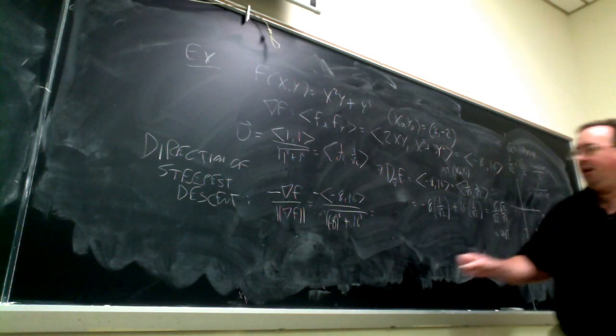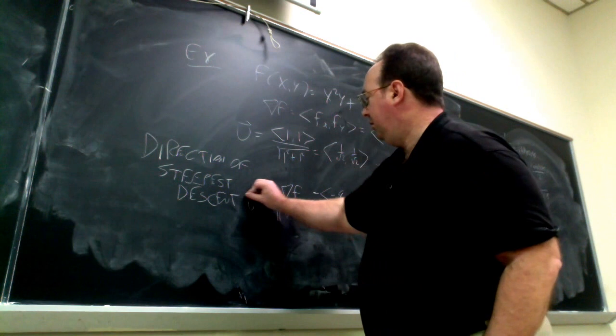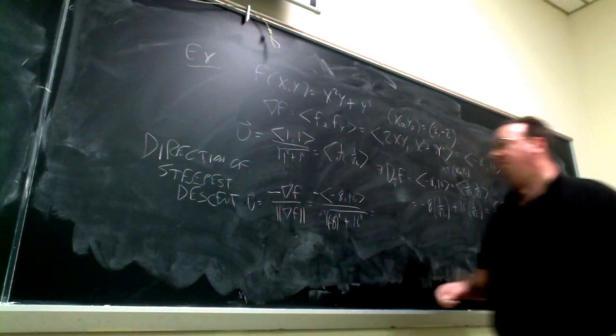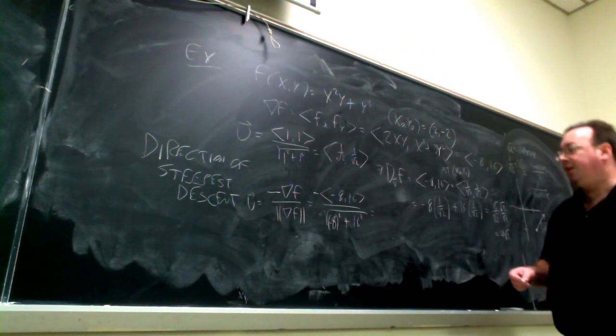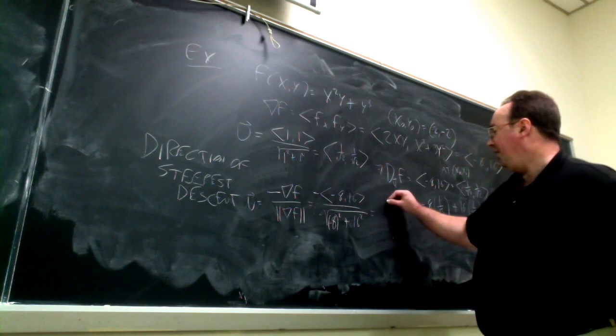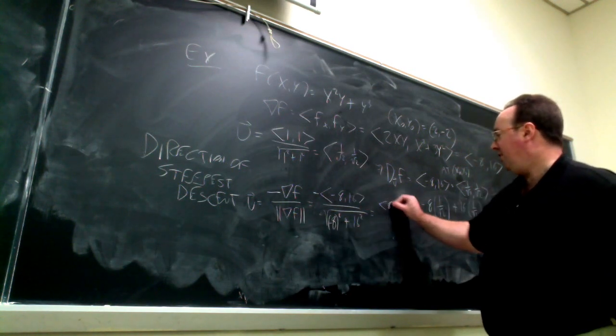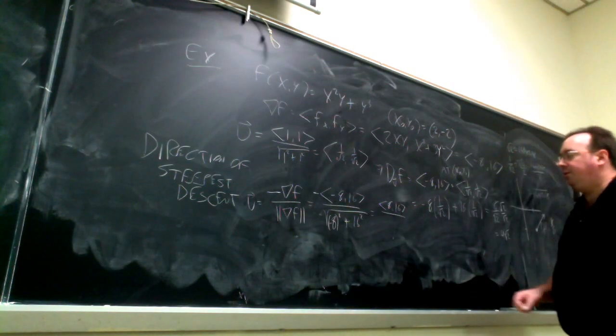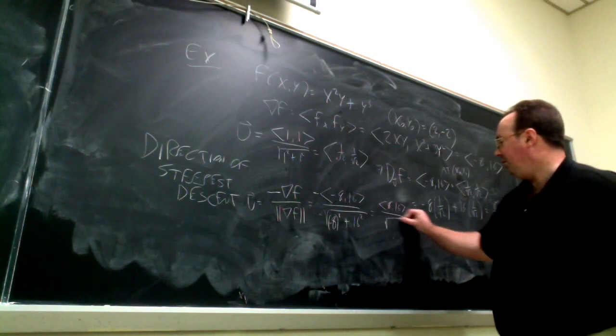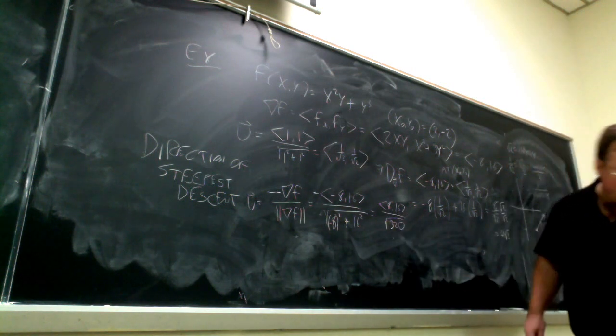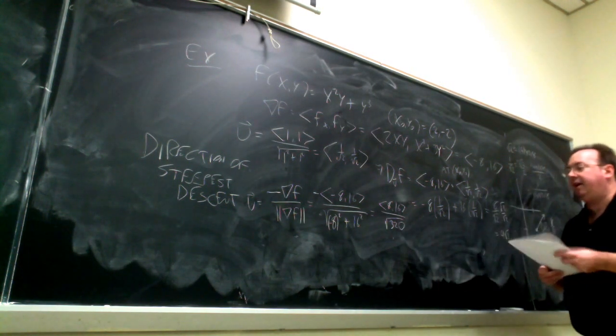And this would be your u in this case, along which is going to be the most rapid decrease. So we're going to have 816 over the square root of 320.